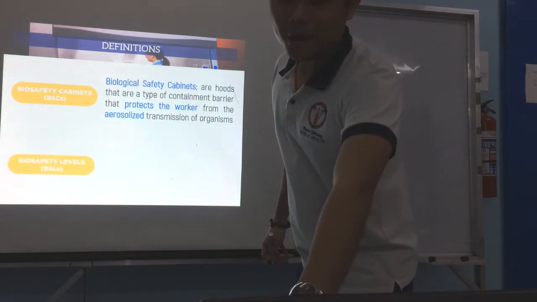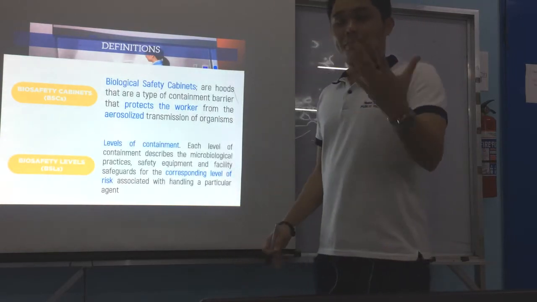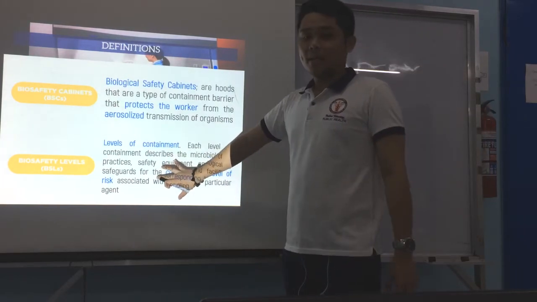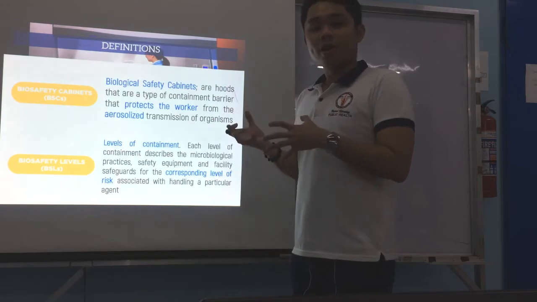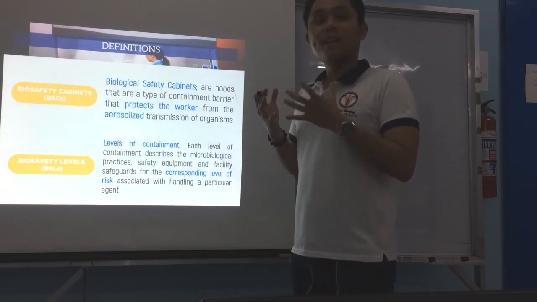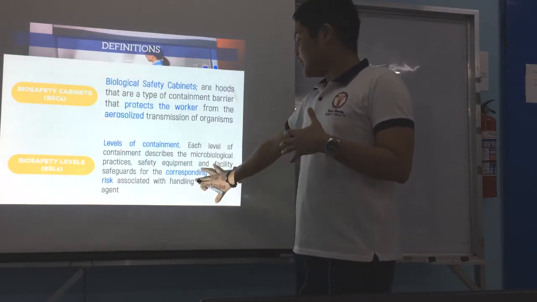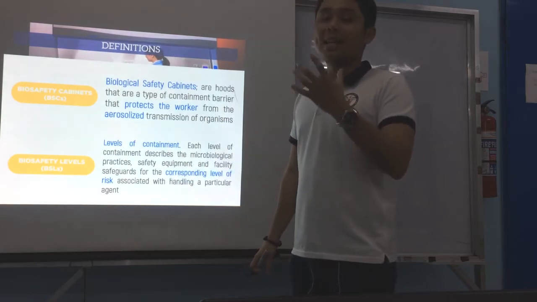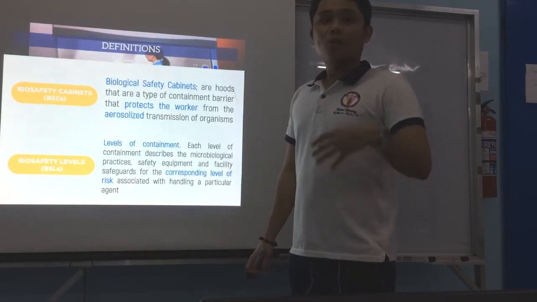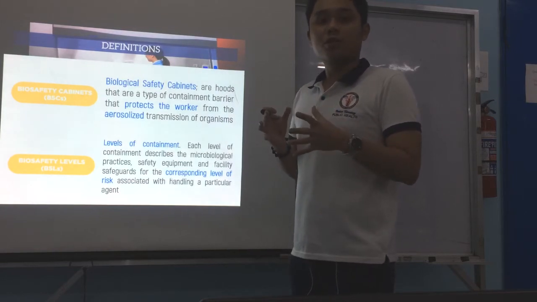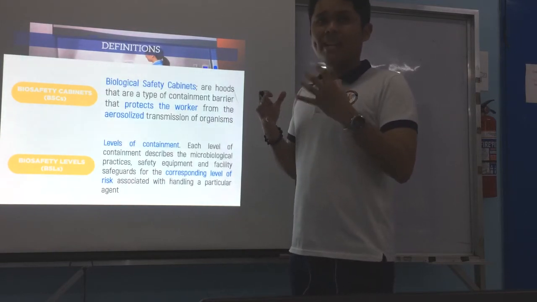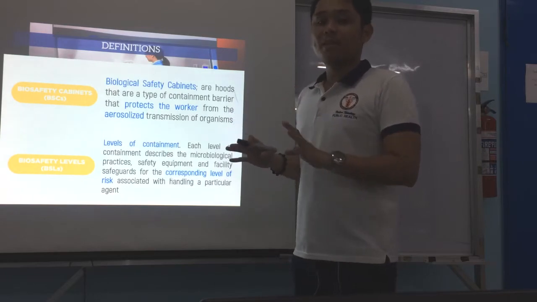Whereas, in comparison, biosafety levels, or BSLs, are levels of containment. Each level has its own microbiological procedures, guidelines, and facility and equipment that need to be followed to protect and prevent infections or diseases from processing these specimens.